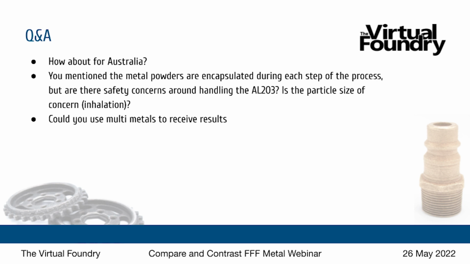But there's a much more interesting application, where you print with, for example, copper, and the second metal print with tin. During the sintering process, the tin melts and infiltrates the copper, and you wind up with a bronze part in the end.